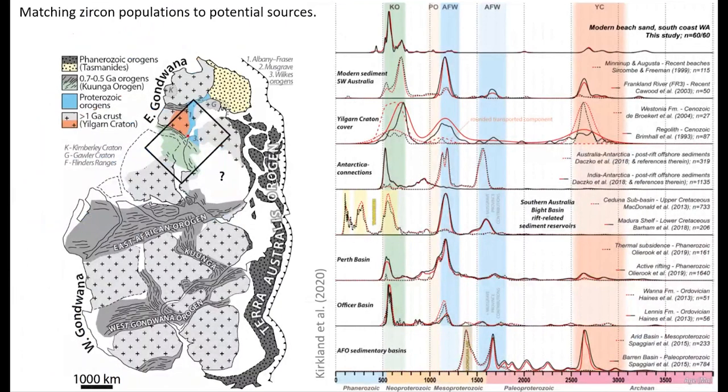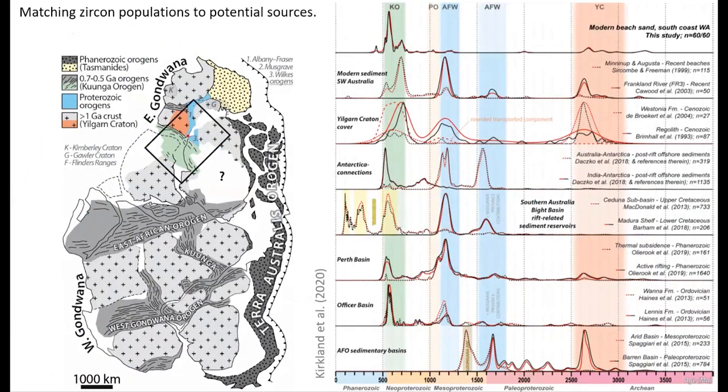Okay, so this is a little example of how they might look in reality, some of these different age signatures for different sediments from around Western Australia, and particularly just color highlighted the different regions we were interested in. So all of these age spectra are different sedimentary basins, and the vertical color bars you'll often see in these sorts of plots are the classic ages we associate with crystalline sources that they might be derived from.